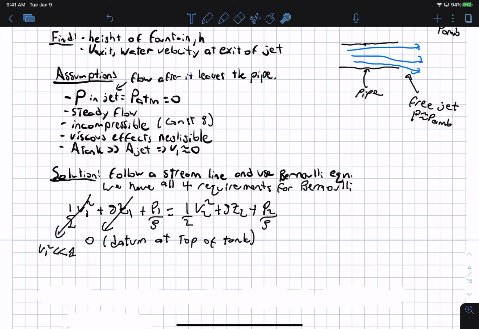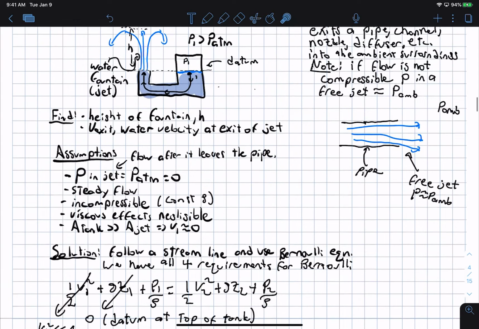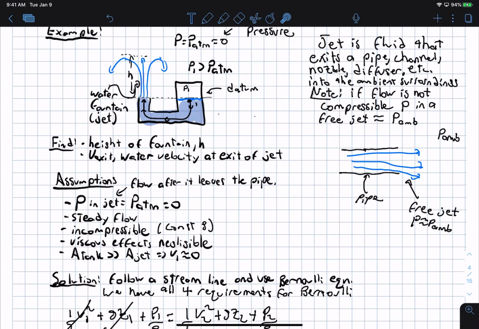The reason I haven't picked state 2 yet is because we are asked to find two things: the velocity of the water leaving the pipe and the height of the fountain. So we can have a state 2 here and another state 2 here, and they're two different states.